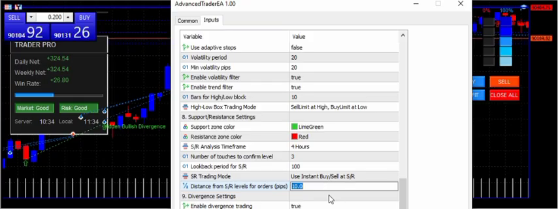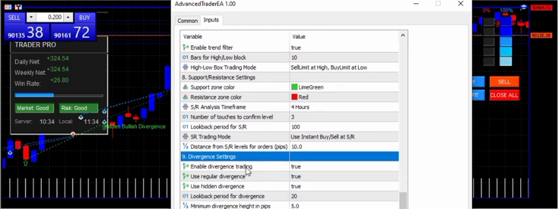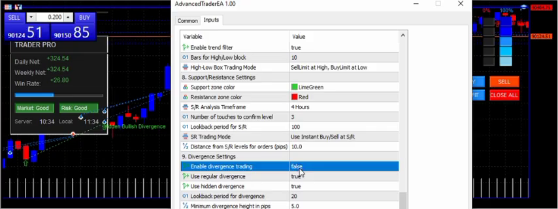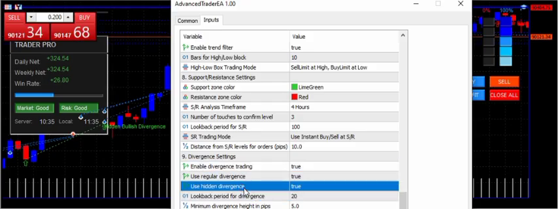Now here comes the divergence setting. We have enable divergence trading. Once it's false, it will not trade the divergence logic. Once it's true, it will trade that. Now, trading of regular divergence. We all know that we have regular divergence. If you are using your indicator, you'll be able to see the regular divergence, but we will not be able to identify the hidden divergence, which is highly profitable in every market.